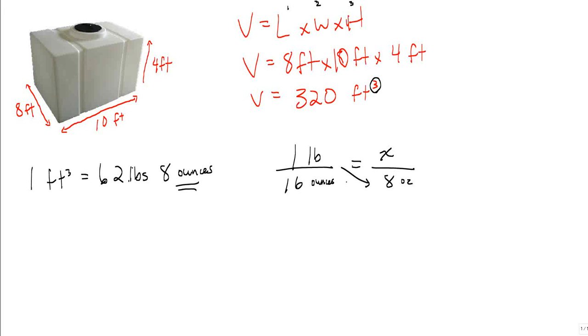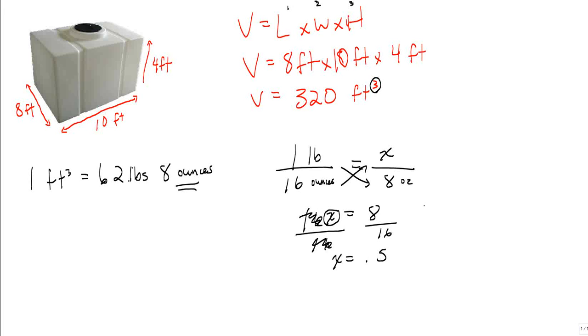We just simply cross multiply again. So 16 times x is 16x equals 1 times 8 is 8. We always want to isolate the letter variable. So 16's cancel out. Now we have x equals 8/16 is half, or 0.5.